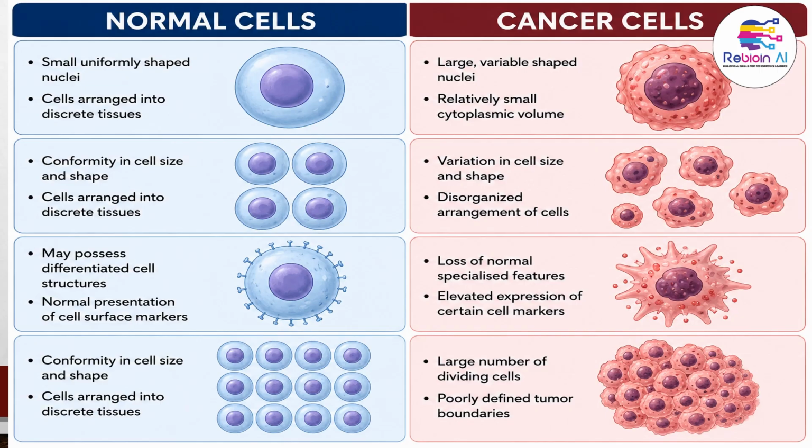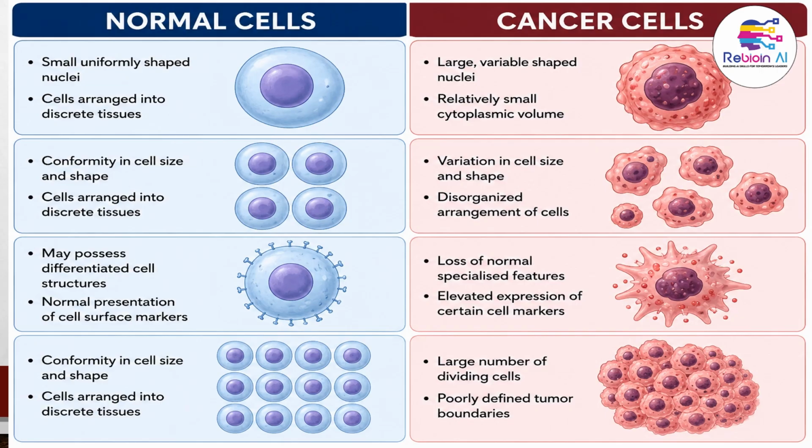Cancer cells ignore the signals that tell them when to stop dividing or when to die. Another important difference is that normal cells stay in their original location and perform a specific function. Cancer cells invade nearby tissue and spread to other parts of the body through the blood or lymphatic system.